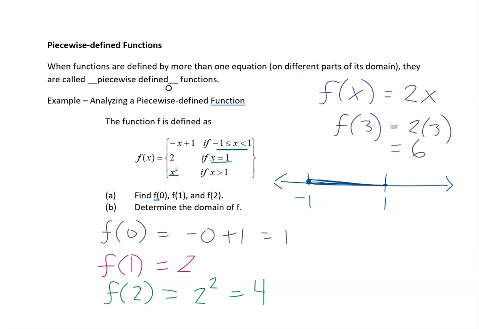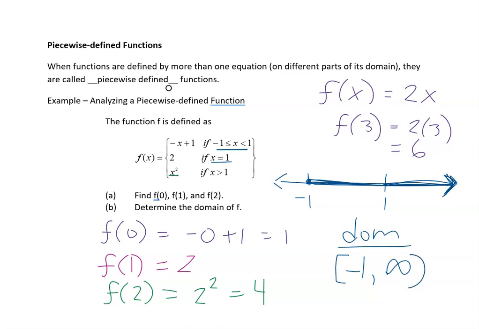And then what does this piece do? It includes everything that's greater than 1. So between the 3 pieces of definition, essentially the domain covers everything from -1 all the way up to infinity. So the domain of the entire function f would be from -1 to infinity.